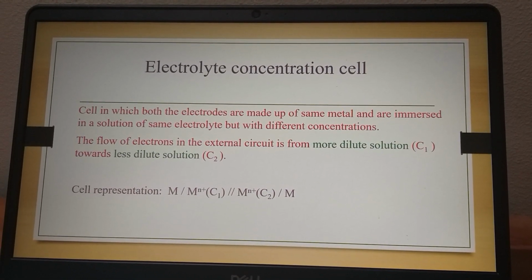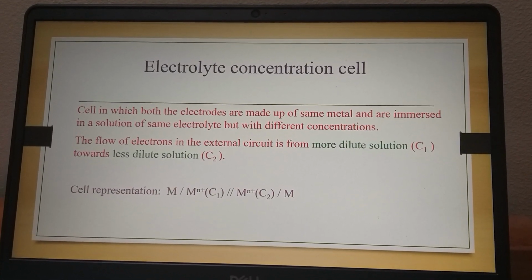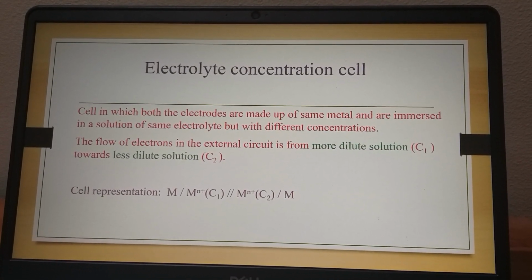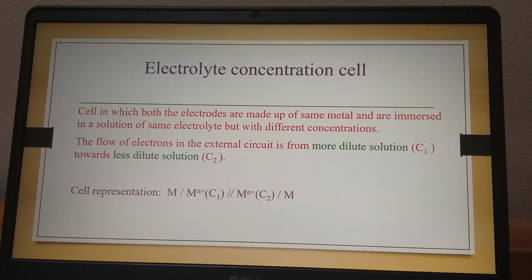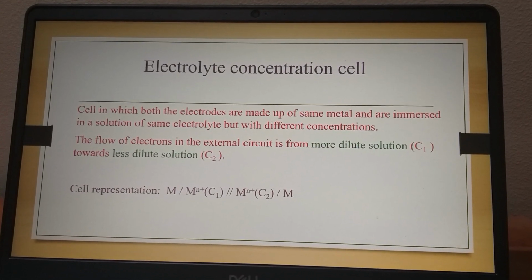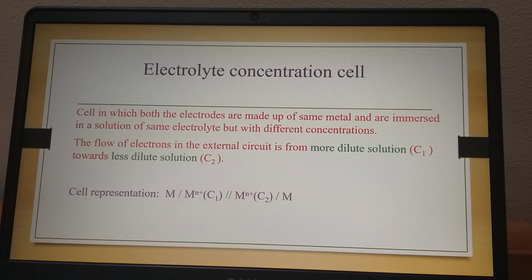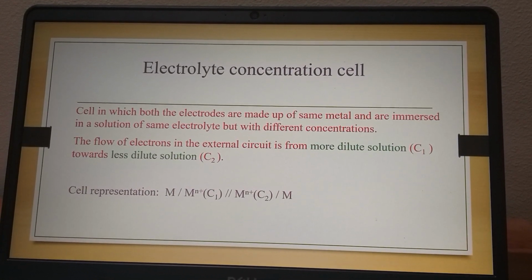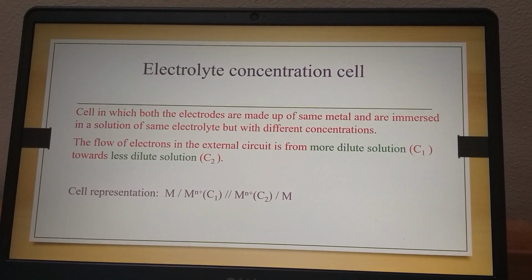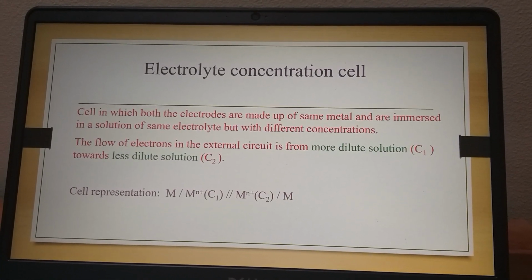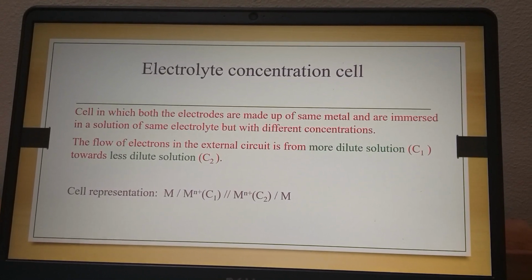Suppose the anodic compartment solution of the electrolyte is kept at C1, and in the cathodic compartment the electrolyte is at C2 concentration, and C2 is greater than C1. Then the cell representation will be M, Mn+, C1, salt bridge, Mn+, C2, M.